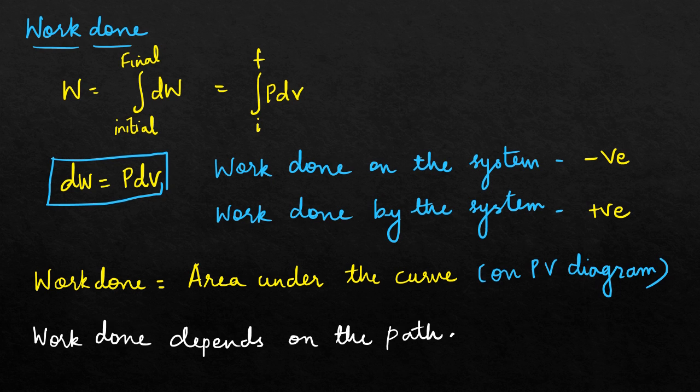When we solve problems, we will see how to solve a particular problem if any kind of graph is given. It's based on problems, so we'll see that in another video. So this is an important point for work done: the formula, the work done on the system and by the system, the positive and negative signs, and that the work done depends on the path. Remember this, work done depends on the path. This is going to help you in the upcoming videos.